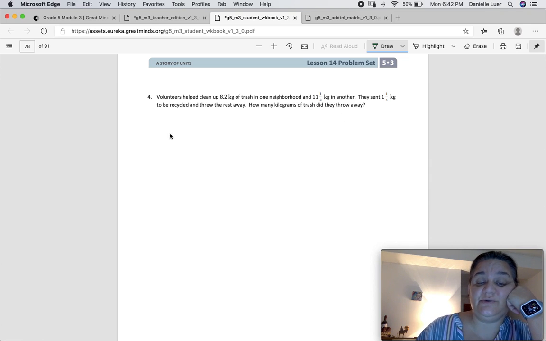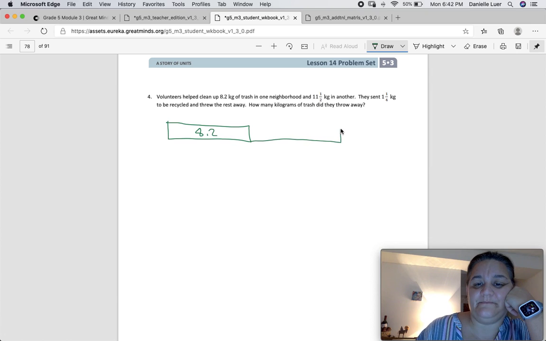Okay, this is 2 parts. So, volunteers cleaned up 8.2 kilograms in one neighborhood. And then they cleaned up 11.5 kilograms in another neighborhood. So we're going to add those together.